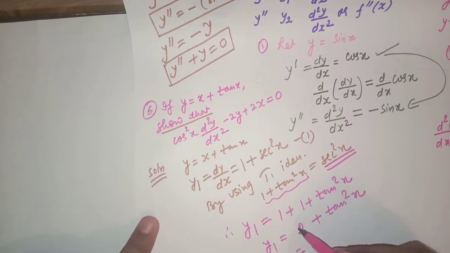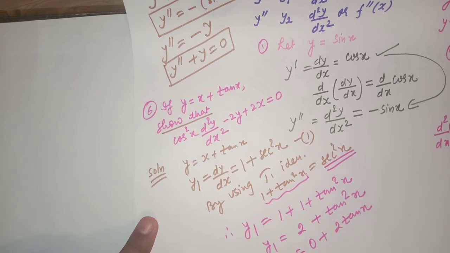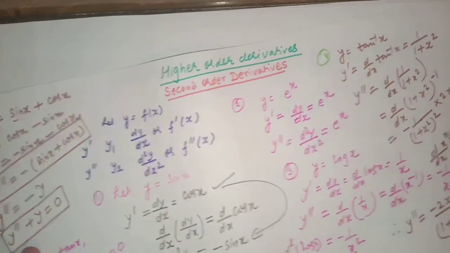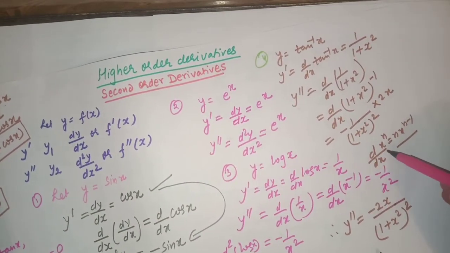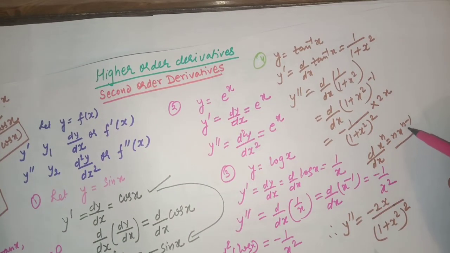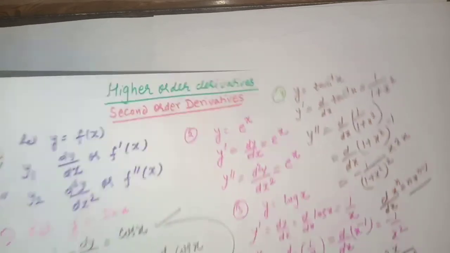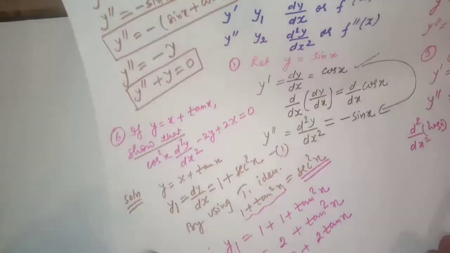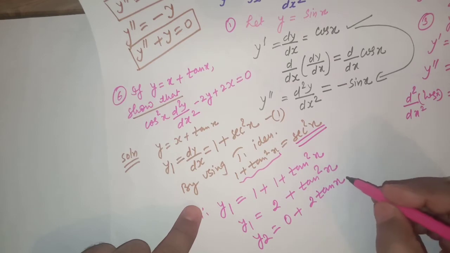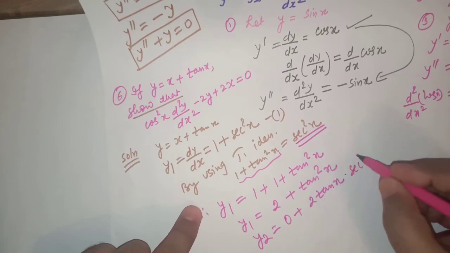So y2 is the second derivative. The derivative of 2 is 0. So the derivative of tan square x is 2 tan x. Clear? By using this formula, that is d by dx of x raised to n equal to n x raised to n minus 1, and further by using the chain rule, we get secant square x.